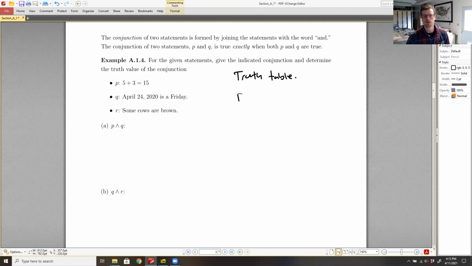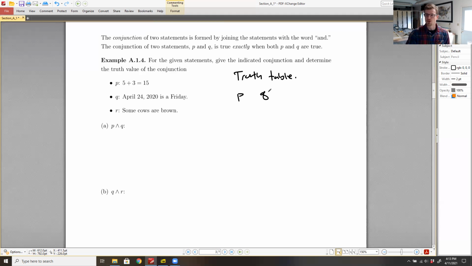So if I have two statements, P and Q, the first thing that I want to do is consider all possible combinations of truth values of P and Q, because these are the basic building blocks of the statement that I'm going to make.